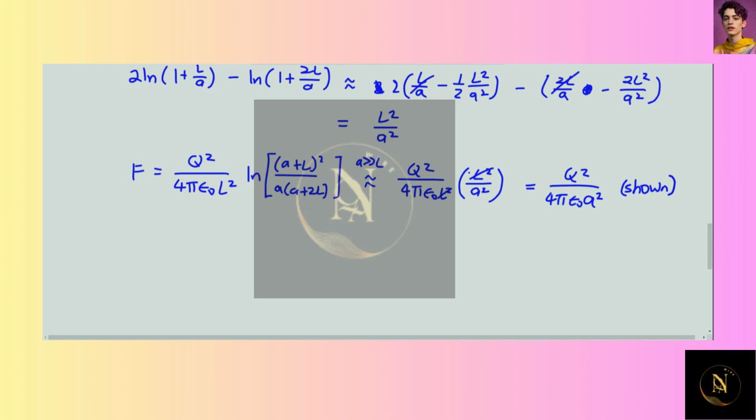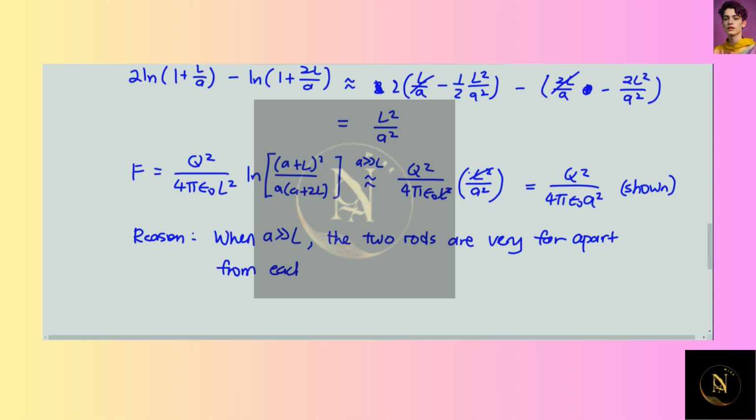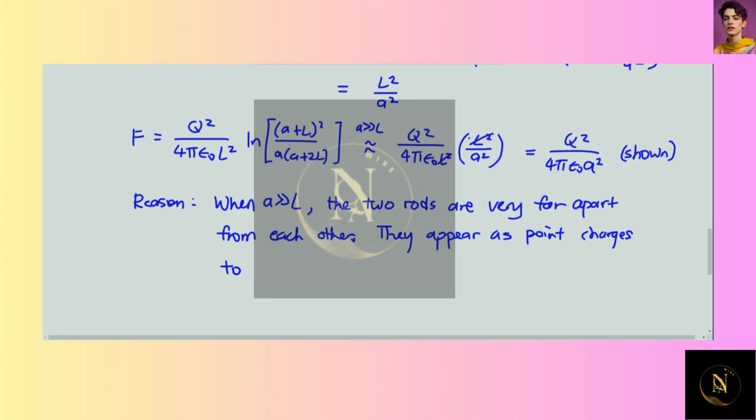The reason is that when A is much larger than L, the two rods are very far apart from each other, so they appear as point charges to each other when they are far apart.